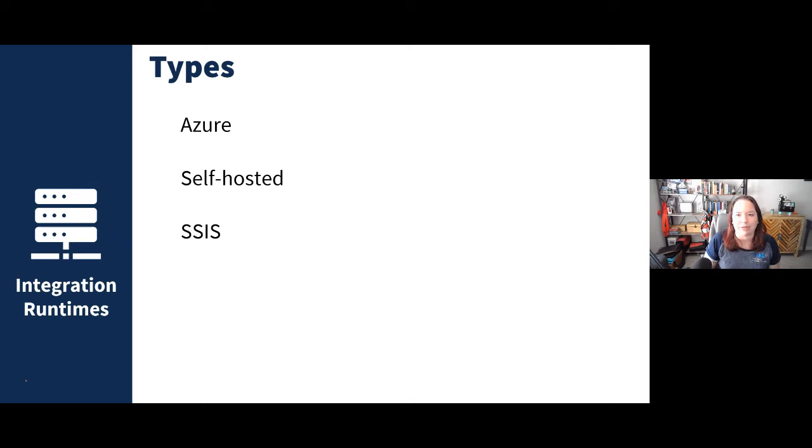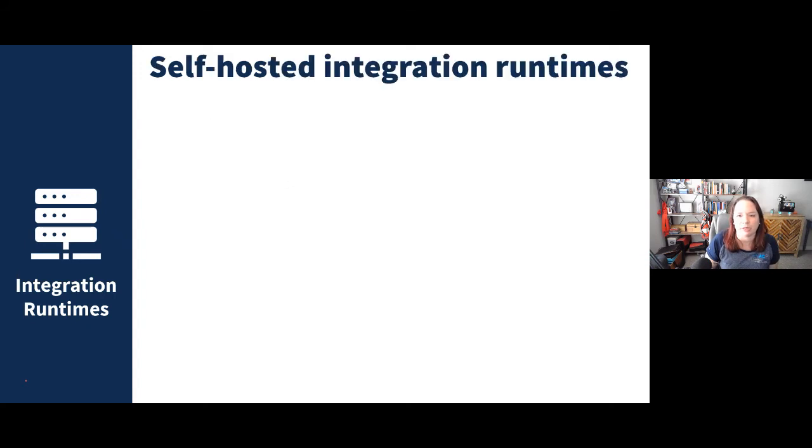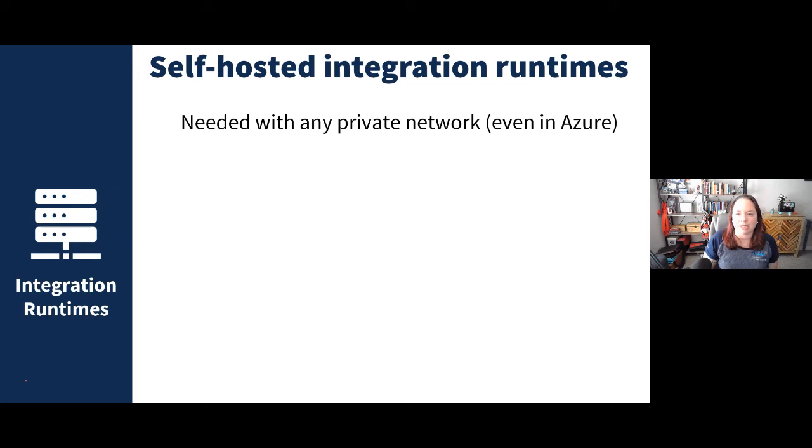You have a default built-in Azure integration runtime, but that doesn't mean you can't create more. And then self-hosted is often needed to get into private networks. So let's talk about that one first. Lots of people don't realize when they're setting up their first data factory that you need a self-hosted integration runtime to get into any private network, even a cloud network.